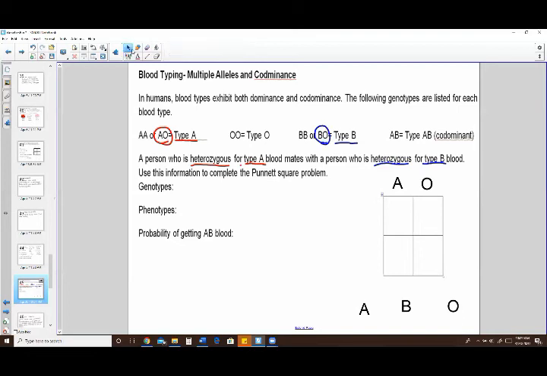So parent number 2 is going to be BO. Now when I do the inside of the square, this box would be AB, this box would be BO, this box would be AO, and then this possibility is going to be OO.